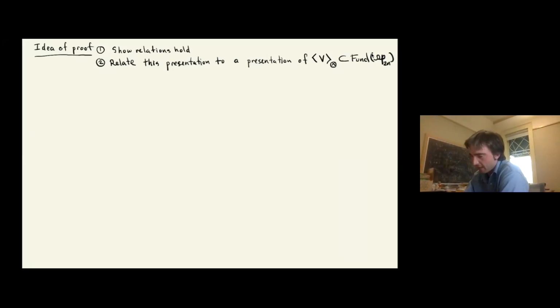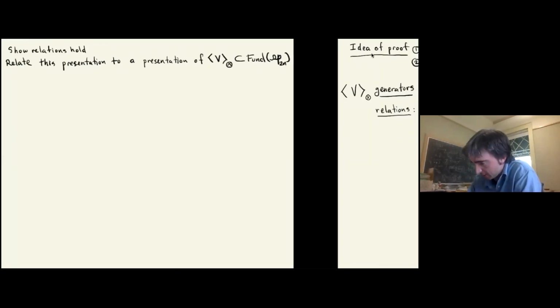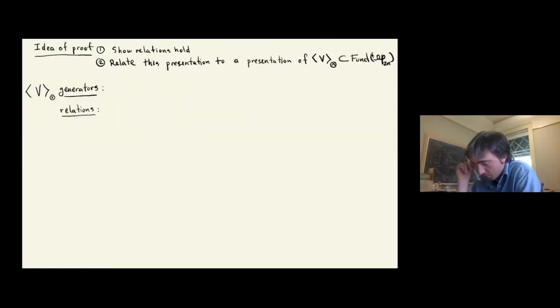Instead of thinking about fundamental representations, we're going to think about the category generated by the vector representation. But we allow arbitrary tensor products of it, and we take all Sp2n intertwiners between tensor products of these representations.